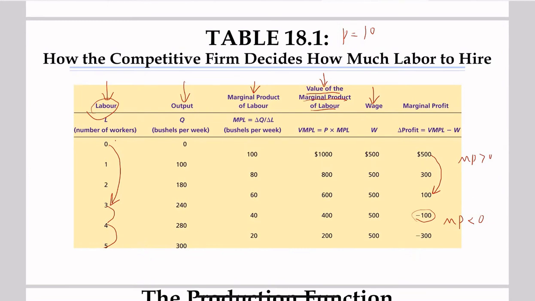And you will get the same result if you go from 4 to 5. Because the marginal profit is negative, it again means if you have got 4 workers, hiring one additional worker will reduce your profit, right? So just from this table, we can get this result. That is, 3 workers is the best number of workers for the firm to maximize its profit.